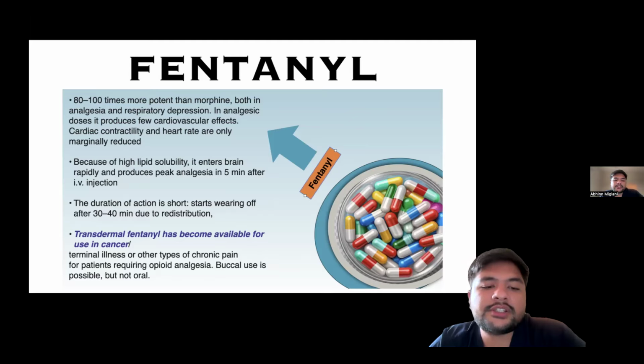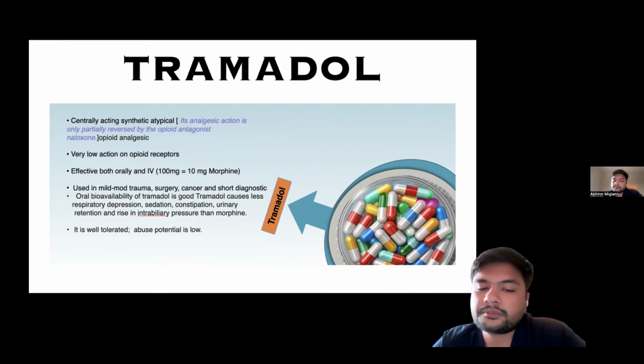The duration of action is short, starting to wear off after 30 to 40 minutes due to redistribution. Transdermal fentanyl has become available for use in cancer, terminal illness, or other types of chronic pain for patients requiring opioid analgesia. Buccal use is possible but not oral.